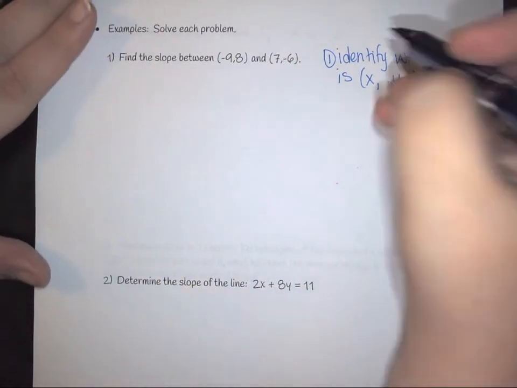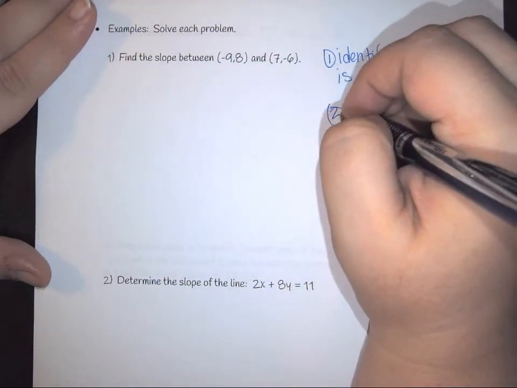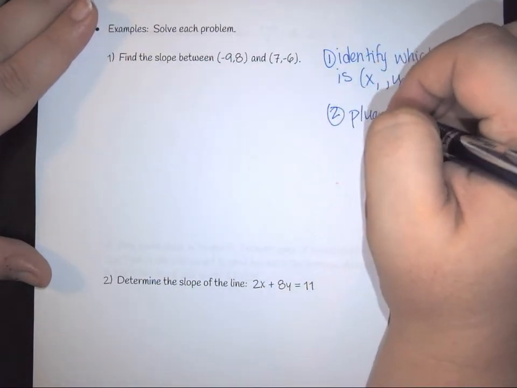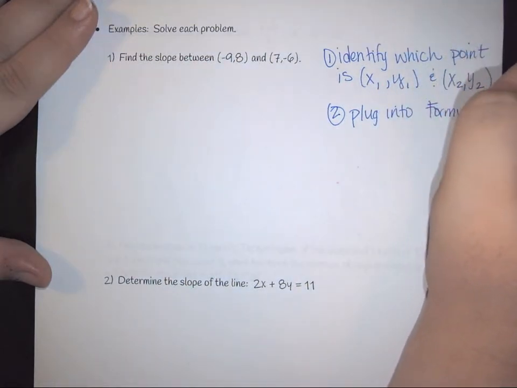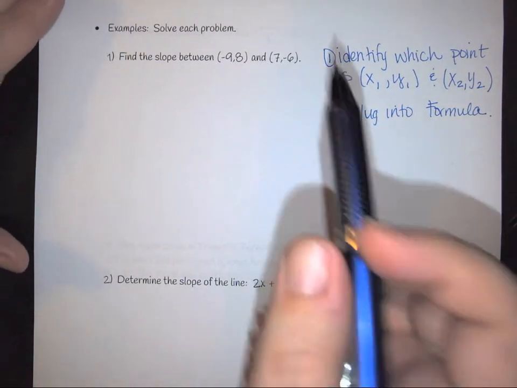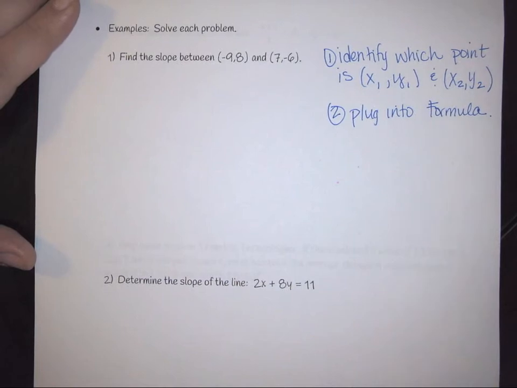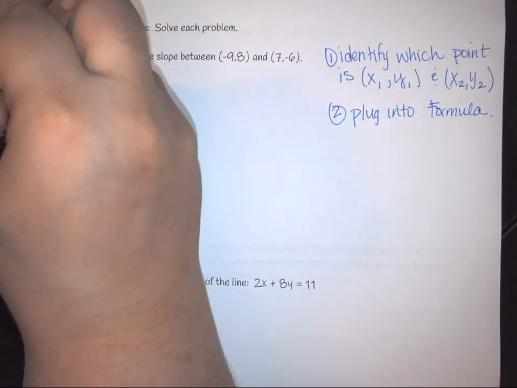After you identify that, then the second thing that you need to do is you need to plug into the formula. Now, it actually does not matter. So, what do I mean by that? Well, first, let's go ahead.